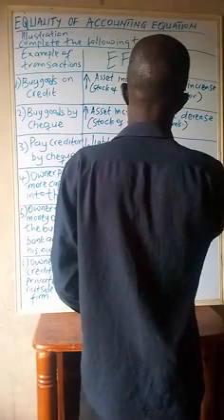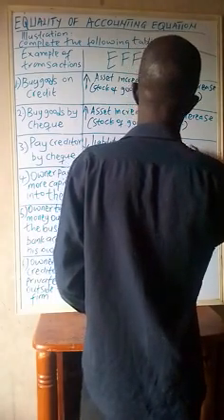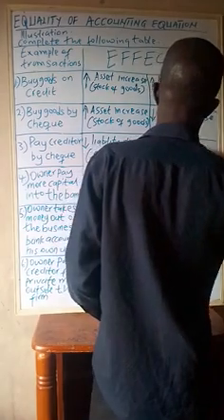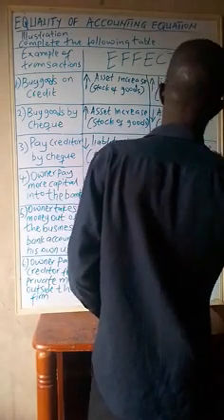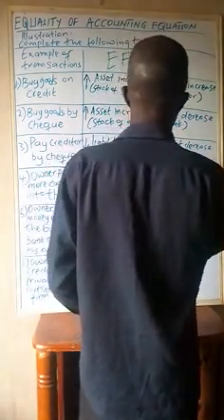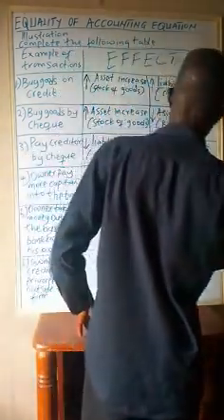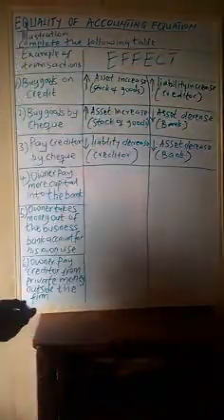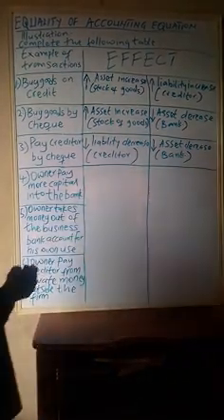Asset decrease. And that's the asset of what? Bank. You find that in the current assets on the statement of financial position.